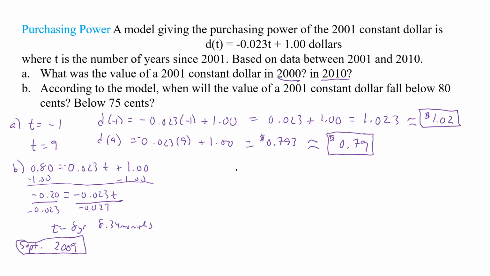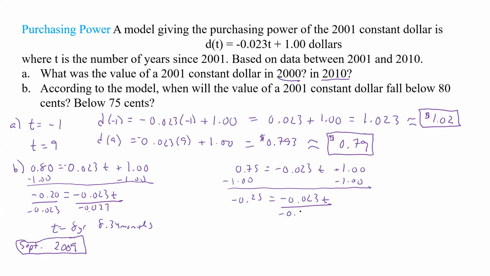Well, what about the 75 cents? Well, we do the same thing. We'll subtract off $1, and that's going to be negative 0.25 equals negative 0.023t. Divide by the negative. And so t is equal to 0.25 divided by 0.023.